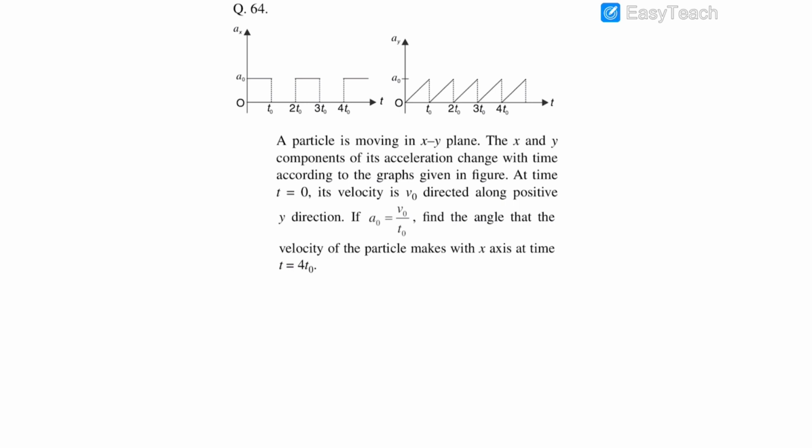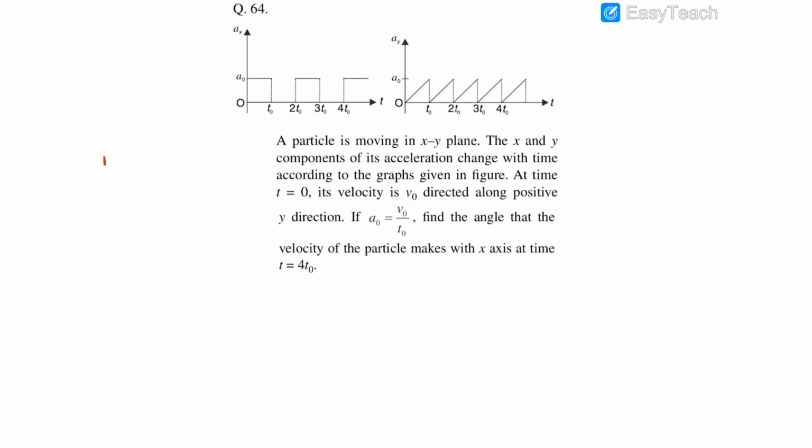Okay, now the value of a naught is given as v naught by t naught. We have to find out the angle the velocity vector will make with x-axis at time t is equal to 4 t naught. So this is a simple problem.